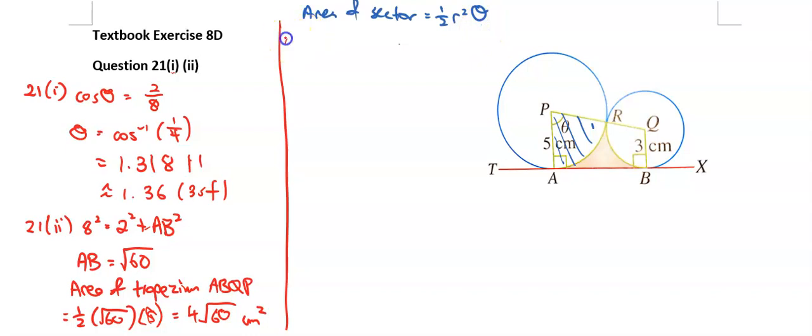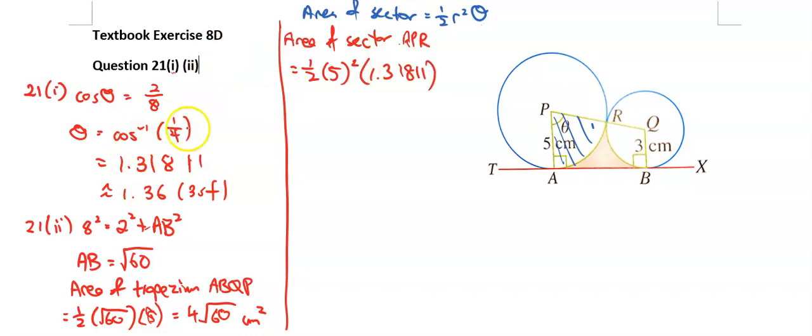So area of sector APR will be half times 5 squared, multiplied by the angle that we have found, 1.31811. If you want, you can use the exact value to calculate. We can leave our answer like this first: 25 over 2 times 1.31811.